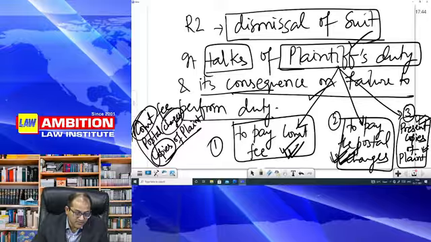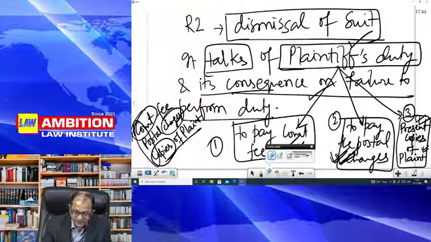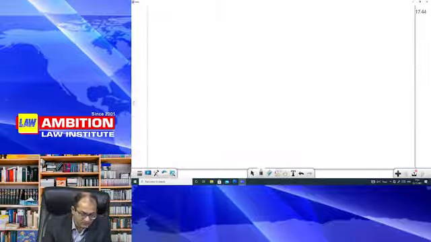The court may make an order that the suit be dismissed. If you default in performance of your duty, then obviously you will suffer.